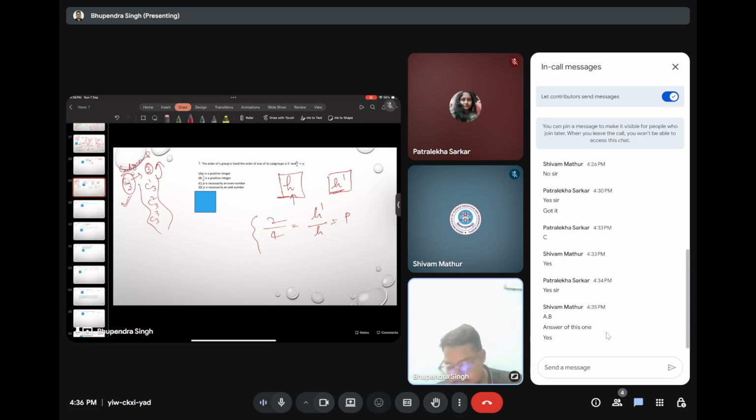How can it be a positive integer? Integer means 1, 2, 3, 4. So if 2 by 4 is like that, this is your p, then it will be 0.5. So how can it be an integer?